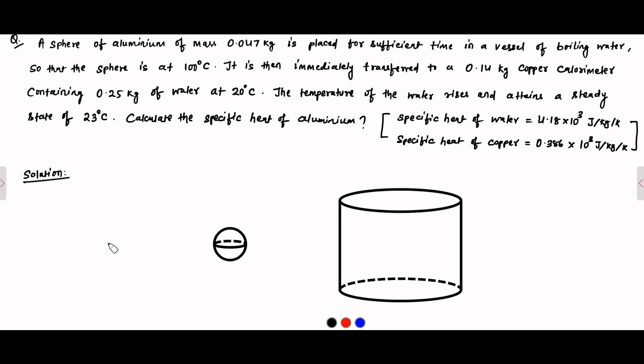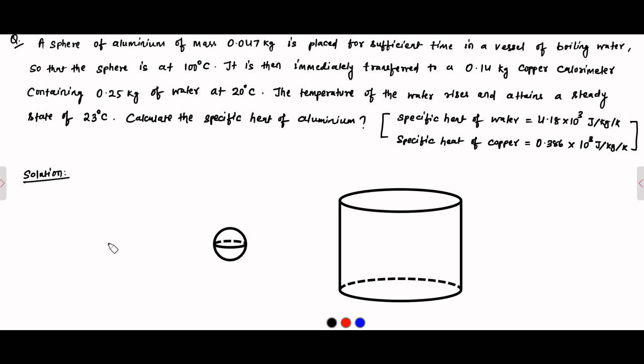It is given that a sphere of aluminium of mass 0.047 kg is placed for sufficient time in a vessel of boiling water so that the sphere is at 100 degrees Celsius.